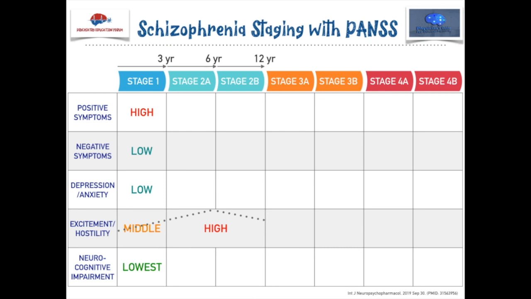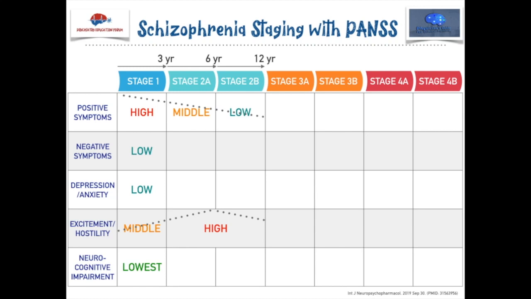What about the positive symptoms? Well, actually they start to remit, start to go down, start to stabilize. As you can see, in stage 2A, they were in the middle, but they go to the lowest part in stage 2B. So this is the time period when you see improvement in the positive symptoms.